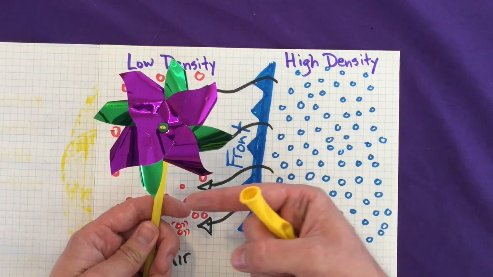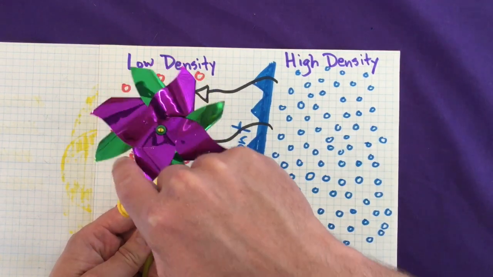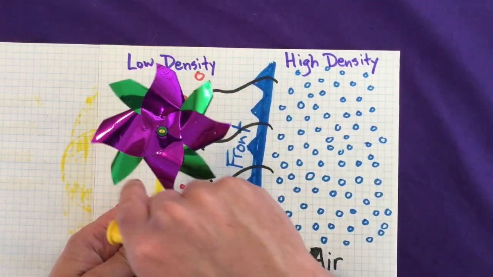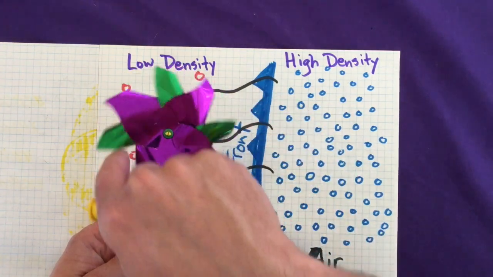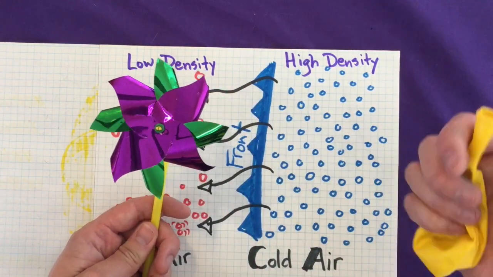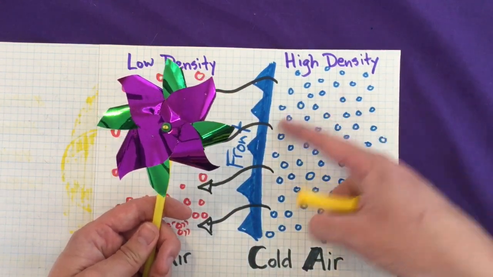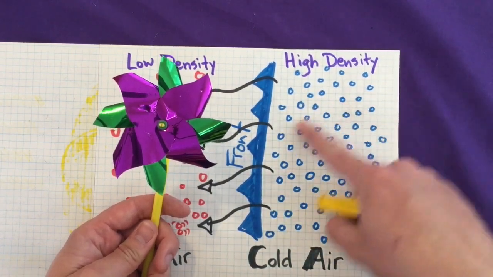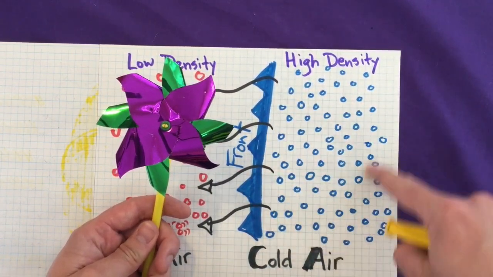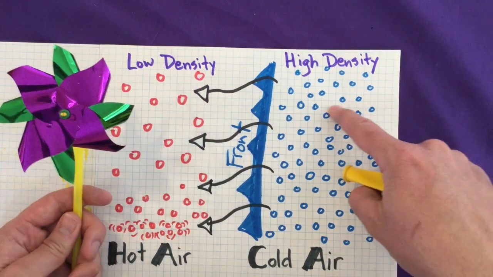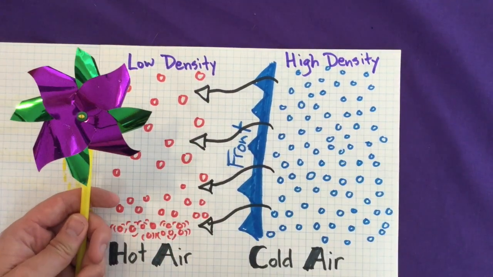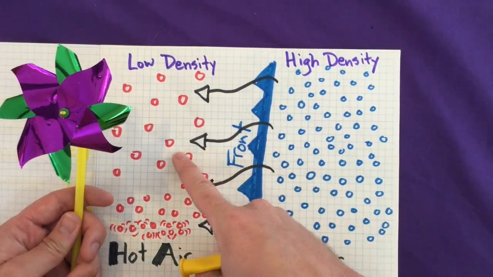It created a force of air molecules that were expelled from the balloon so powerfully that it turned the pinwheel. So essentially what wind is, is when a high density area of the atmosphere starts flowing towards a low density area of the atmosphere.